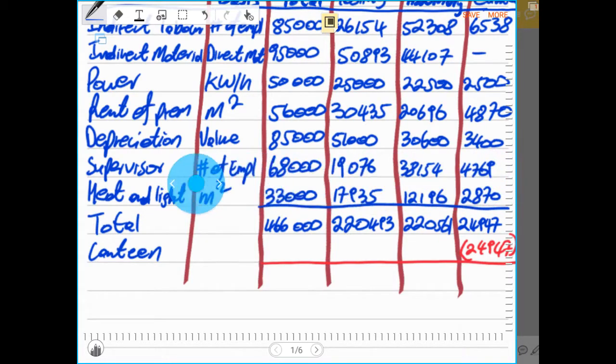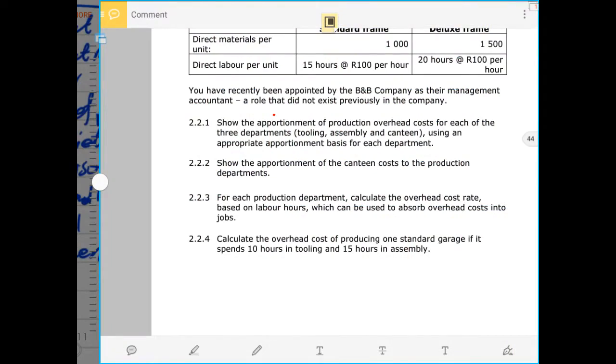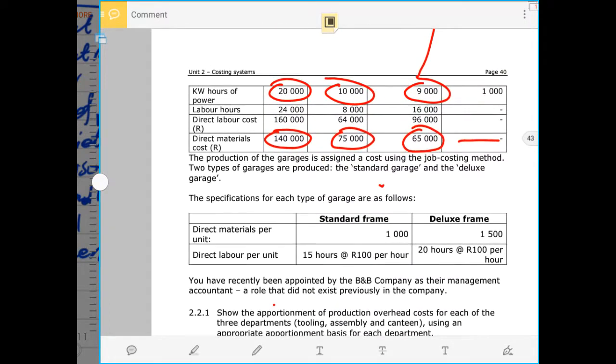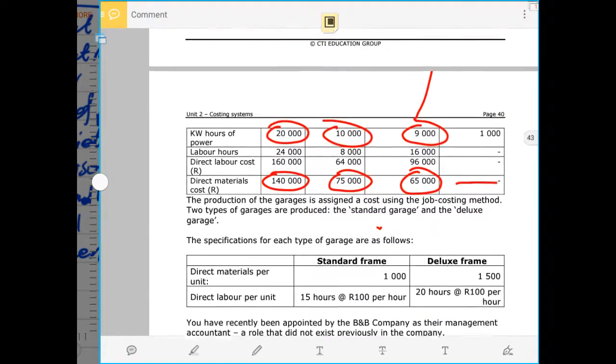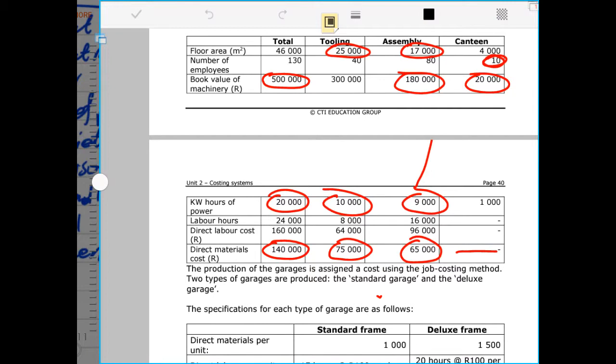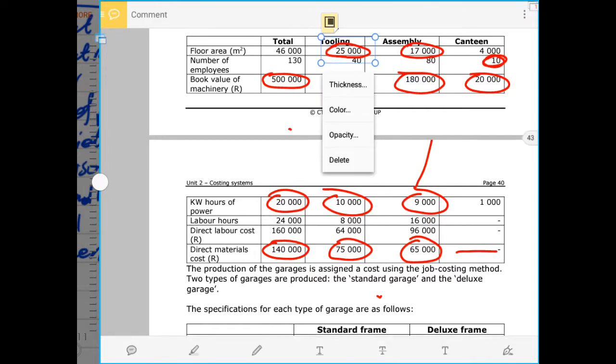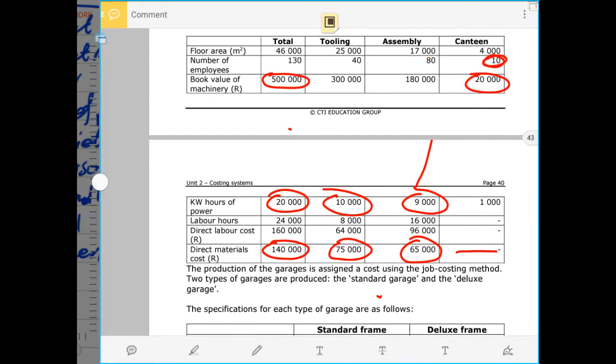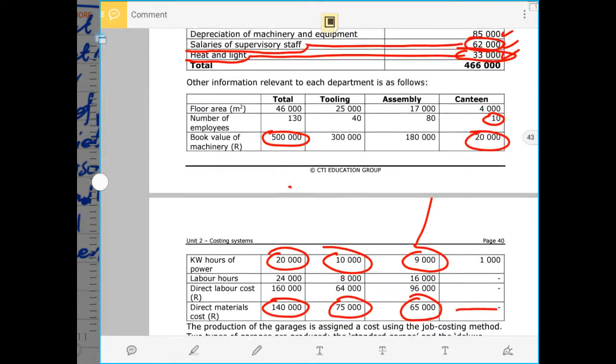So let us check which base will be relevant to allocate our canteen. Direct material not relevant, number of employees will be relevant, direct labor, kilowatts, machine, floor space not relevant. Because we are allocating canteen, the relevant base will be the number of employees, because the more employees we have, the more cost will be incurred from the canteen department.